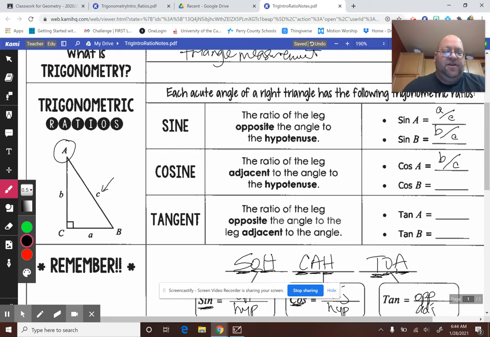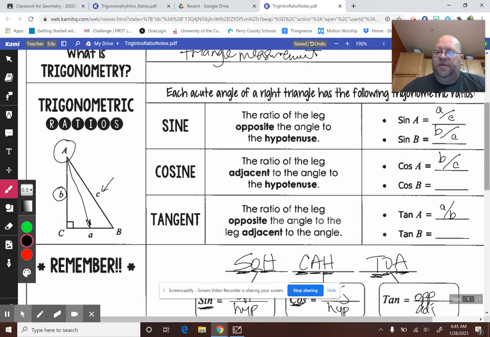So what side is opposite angle A? Well, again, think across from. Across from angle A is little a. Opposite over adjacent, and what side is adjacent to angle A? Well, it's right here. It's connected to it. So A over B would be our ratio.